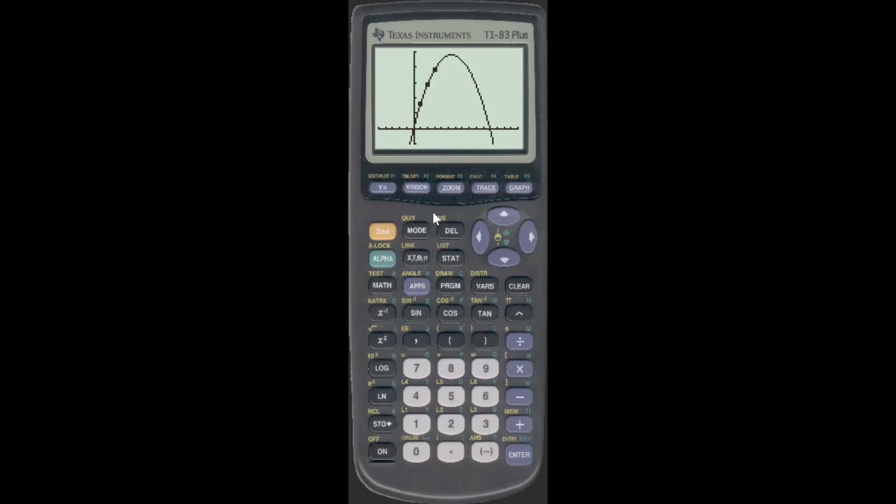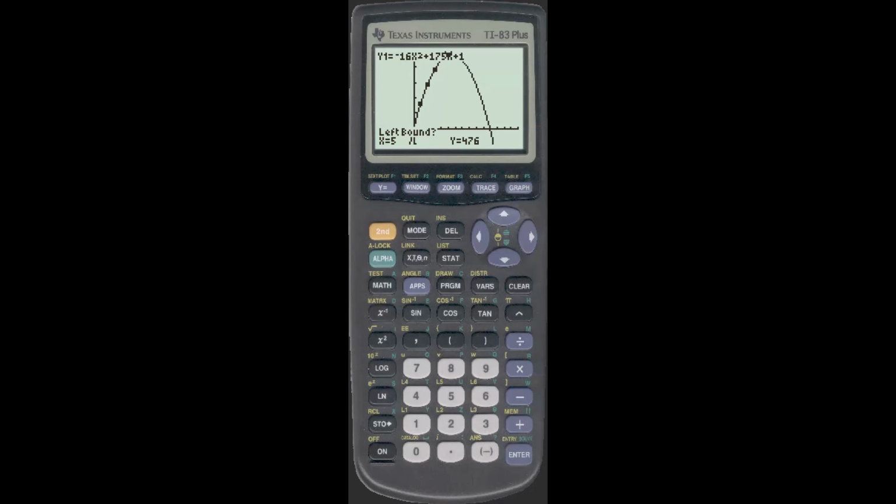Okay, so the next thing is to find the intercept. See the calc button above trace? You're going to hit second, calc, 0. Second 0 is the intercept. I'm going to write that down real quick. Is that for any intercepts, correct?